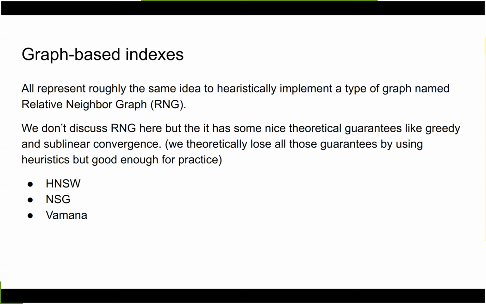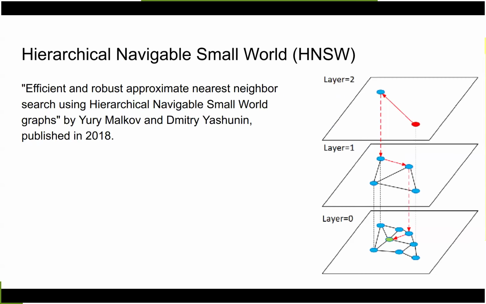So there are different kinds of graph-based indexes. The most famous ones are HNSW, NSG, and Vemana. So let's talk about HNSW for now. HNSW stands for Hierarchical Navigable Small World.